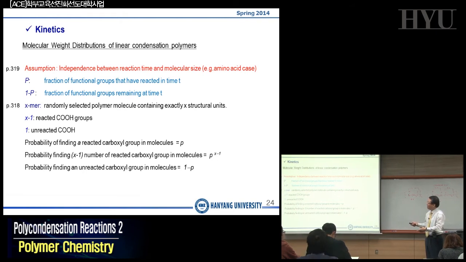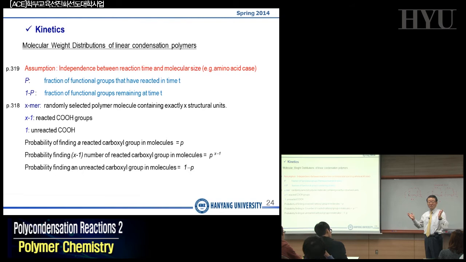Okay. Let's define xmer. Xmer means your molecule at a given time t, after reaction time t. You do not have only one molecule, but you have many molecules with different sizes, right?